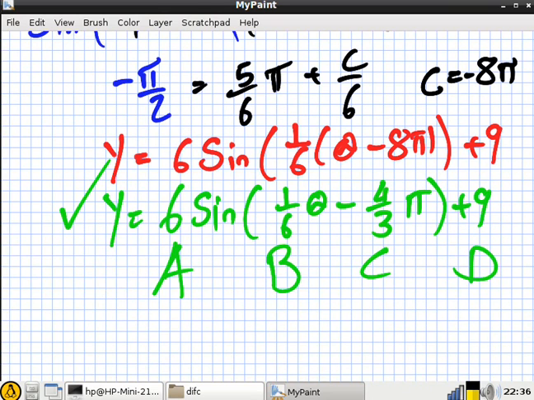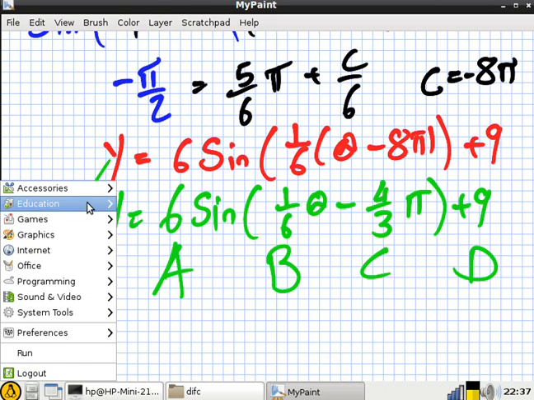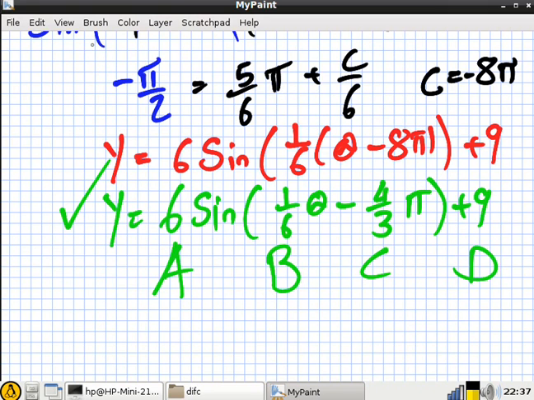Now, just to double check, I know you can't do this in the exam, but I'm just going to graph my answer here. So let me just write it down. 6 sine theta over 6 minus 4 over 3 pi plus 9. That's what I want to graph. And we should get the same graph if we've done it right.